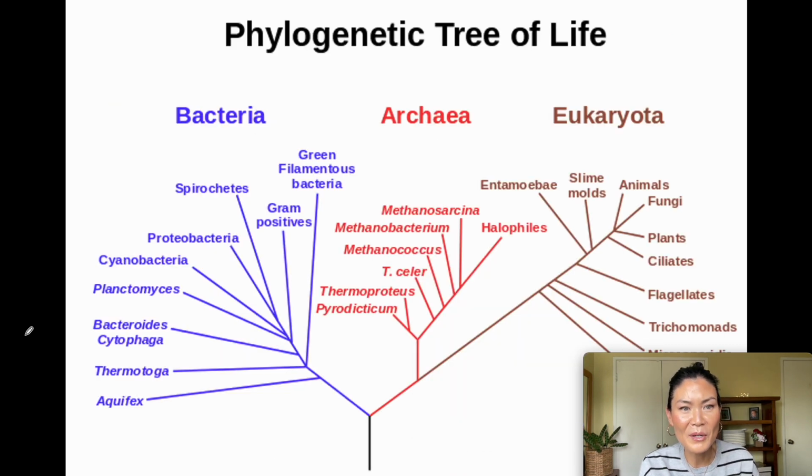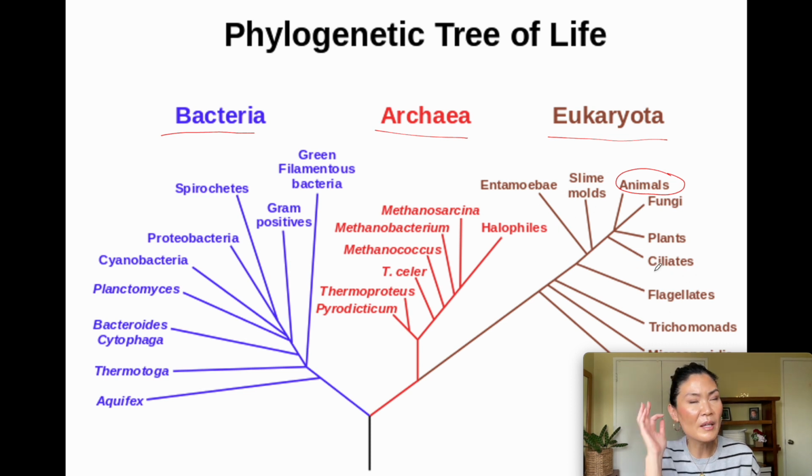Oh, before that though, these are the three domains that I was referring to. You've got the bacteria, archaea, and eukarya, and here we are. We belong to kingdom Animalia. There's other kingdoms like fungi, plants, and ciliates, flagellates, slime molds. Those belong to kingdom Protista. But these are the different kinds of bacteria, and then archaea.